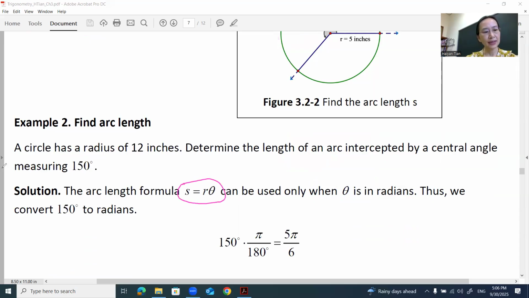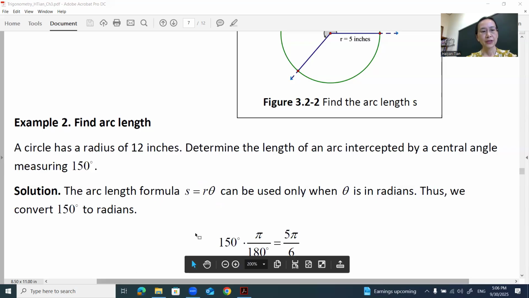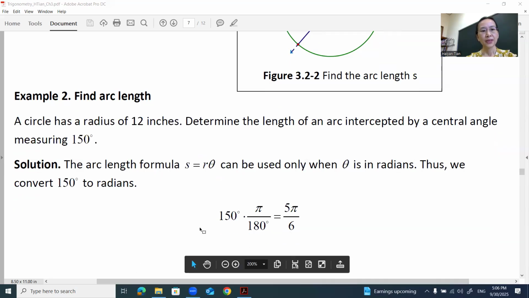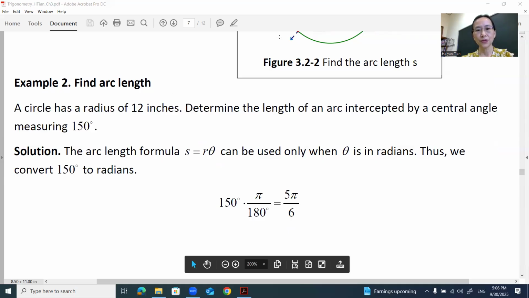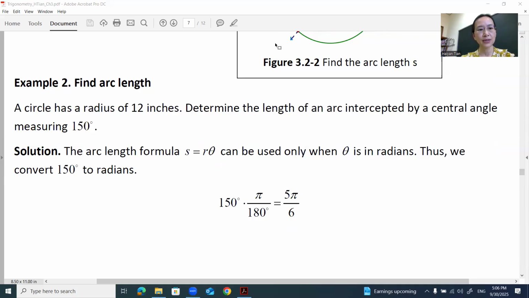So let's look at another example. Here's another example. We have a circle. This circle has a radius of 12 inches. Please find the length of an arc intercepted by a central angle measuring 150 degrees.